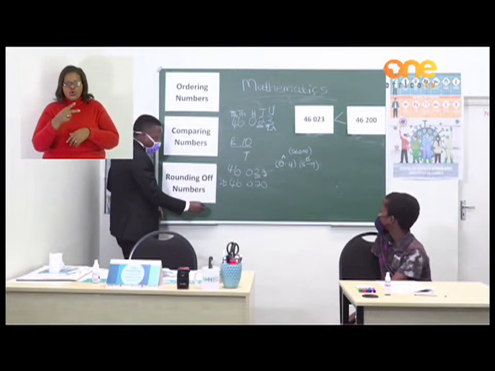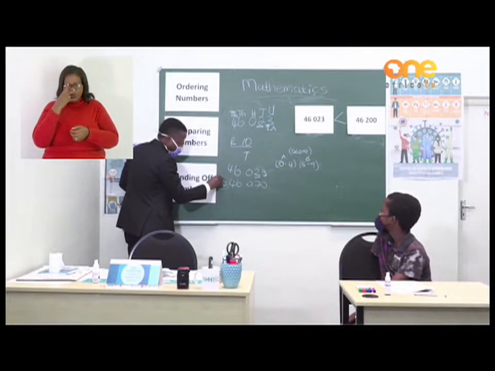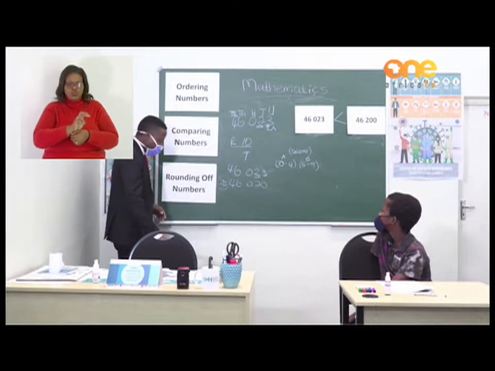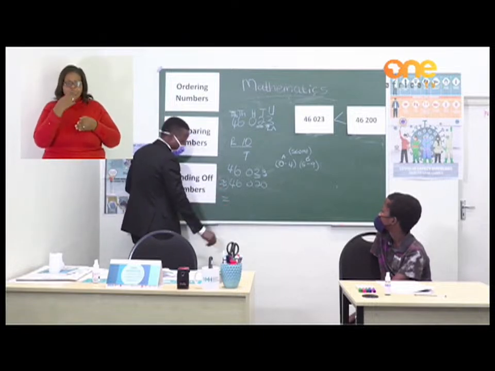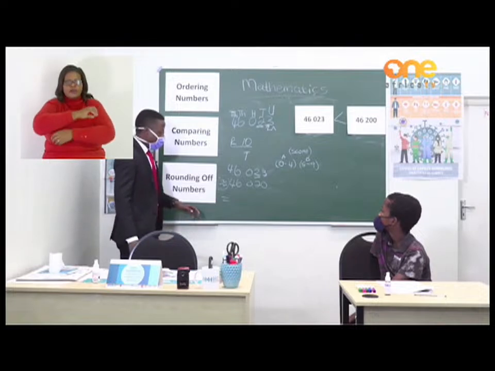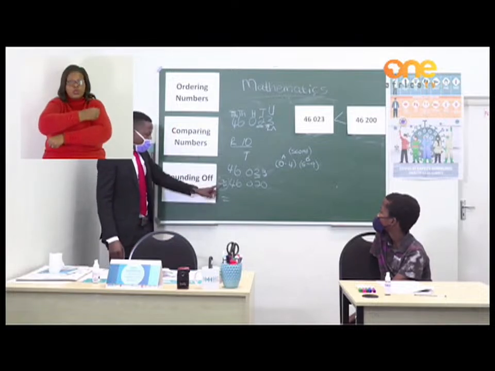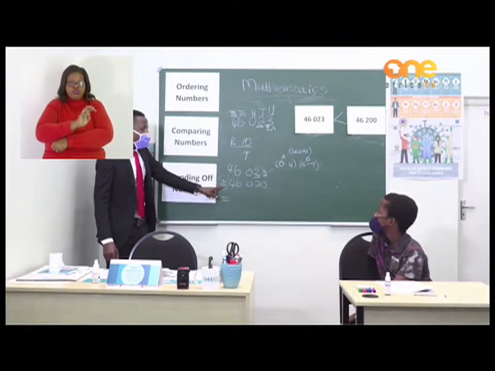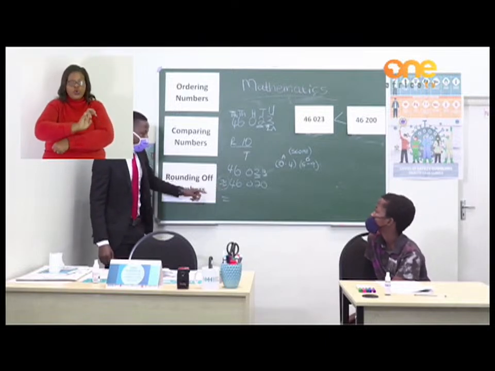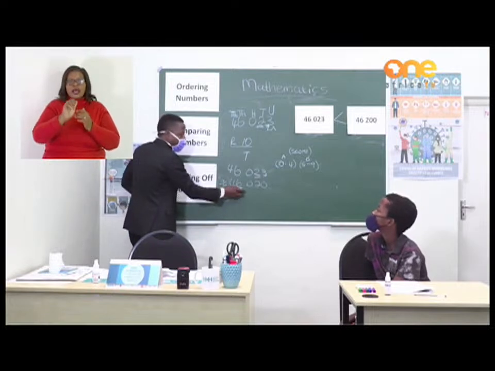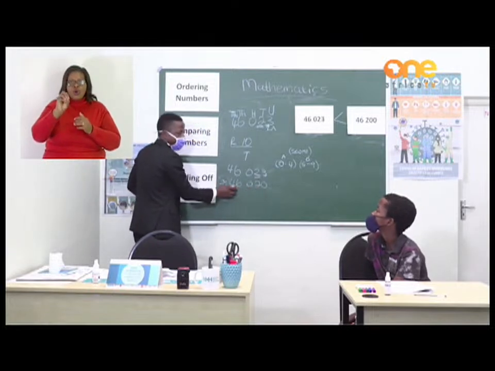Now, if you look at this sign which I just put here, it's not an equal sign. Remember about the equal sign, the equal to. This is called approximation. This is not an actual answer.